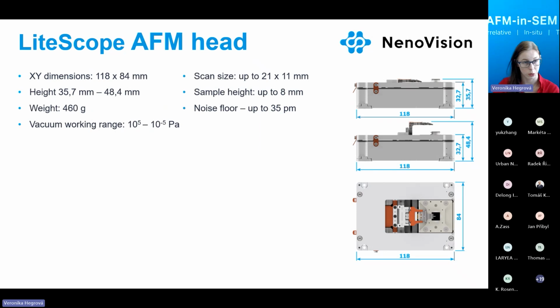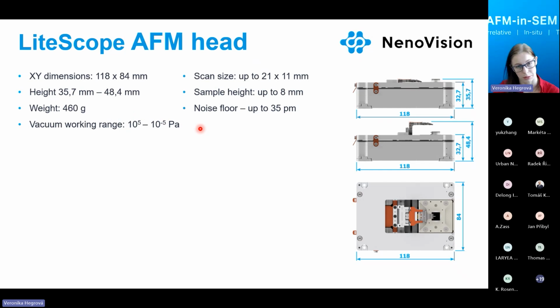LiteScope AFM head is quite small, so it has almost 12 by 8 millimeters in XY direction. Height changes depending on the height of the sample, up to 48 millimeters. And the weight is less than half of a kilogram, with usual working range for the vacuum.